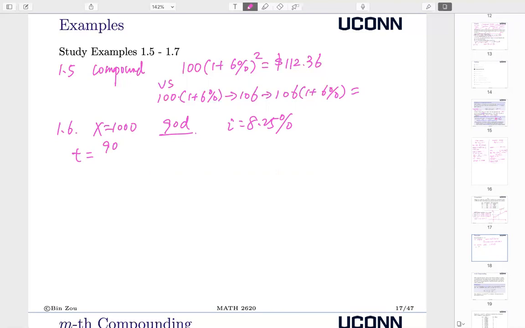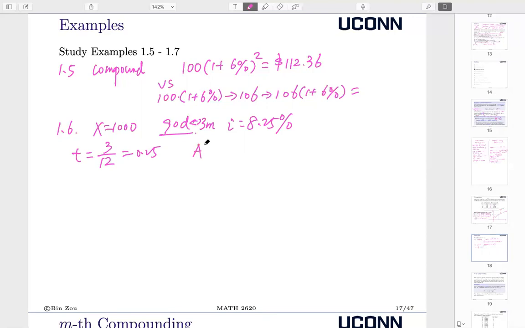Usually, if you don't see any specific rule, assume that there are 30 days in a month. So immediately we know this is 3 months, right? And obviously there are 12 months in a year, so it's a quarter.